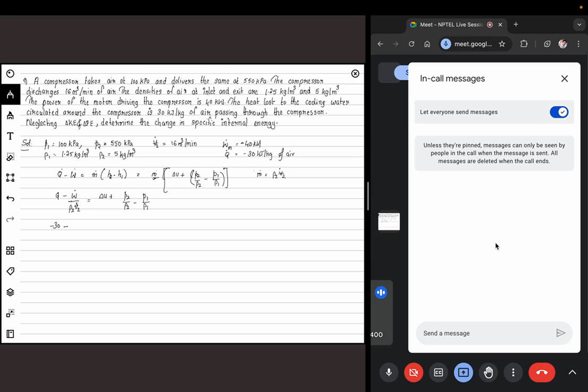Work done is basically 40 kilowatt, negative, minus 40 by rho 2 V2 dot. Rho 2 is given as 5 kilogram per meter cube, and V dot 2 is 16 meter cube per minute. To convert it to seconds, you just divide by 60. It's delta U plus the final pressure, I'm just leaving it in kilopascal so that the entire thing will be in joule per second, by rho 2, which is 5, minus initial pressure by initial density.